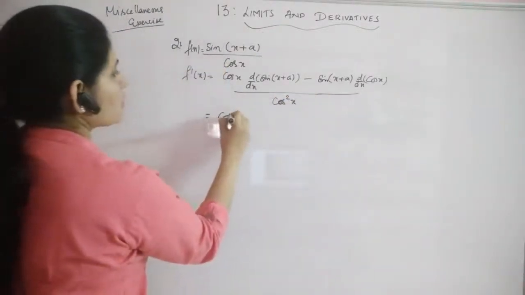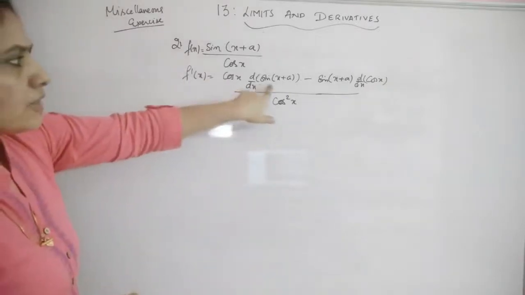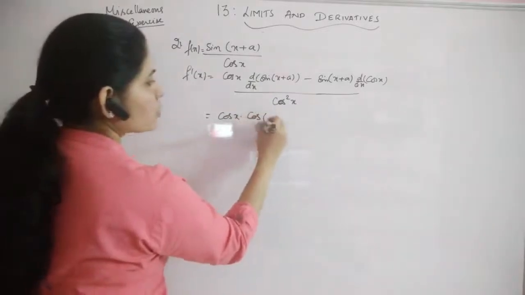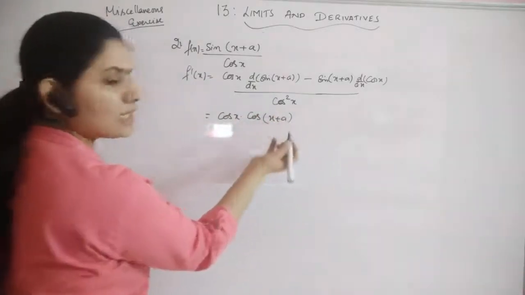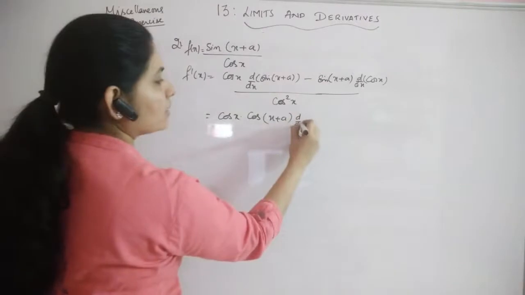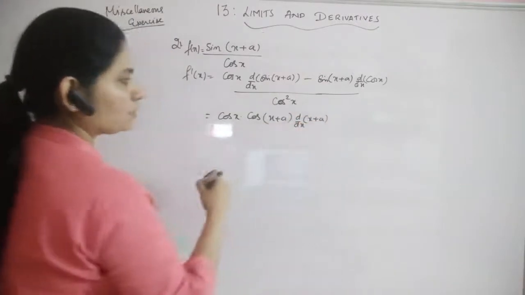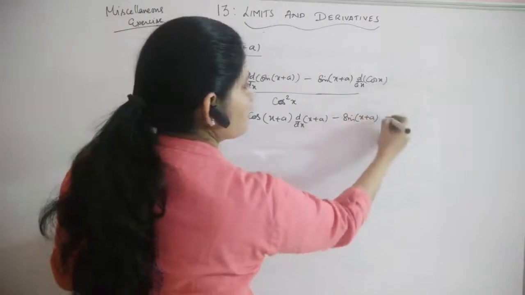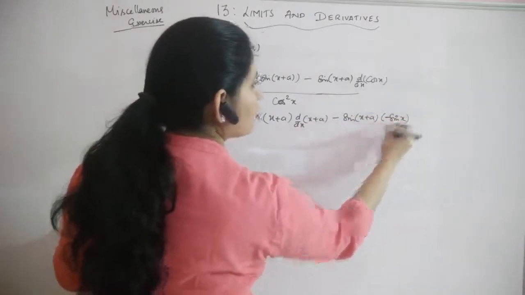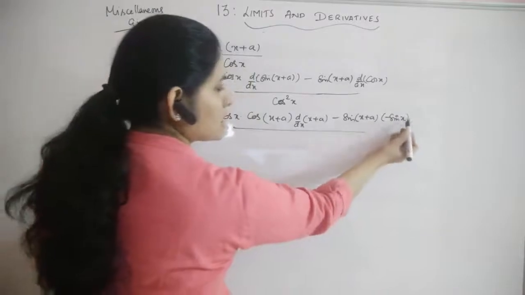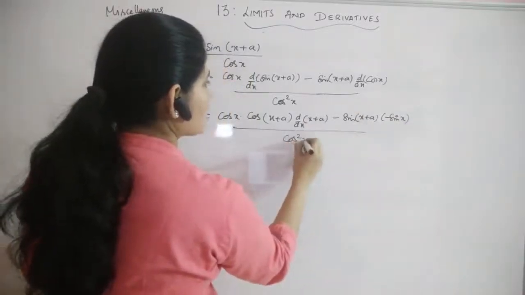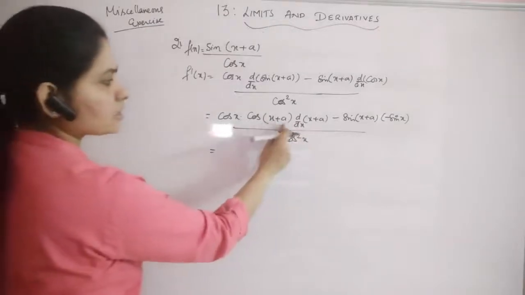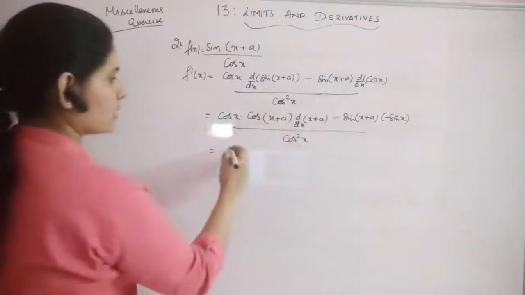So this will give you cos x into the derivative of sine of, like that if you have, you can write cos of the same angle with the derivative of that angle, chain rule, minus sine of (x plus a) into the derivative of cos, which is minus sine of that angle, divided by cos square x. Since it is x we are just stopping here because the derivative of x will give you 1. That's why we are not showing that. Here since this is not x, we are just showing it.